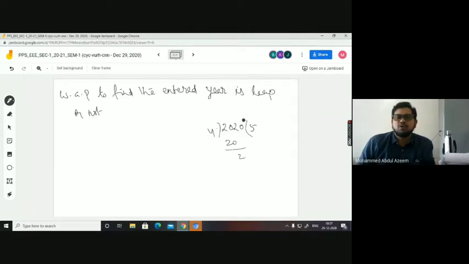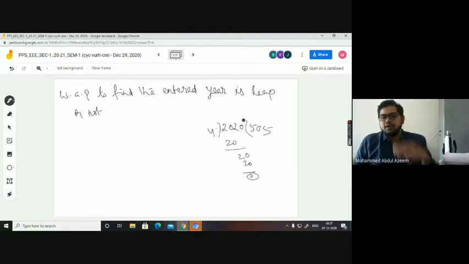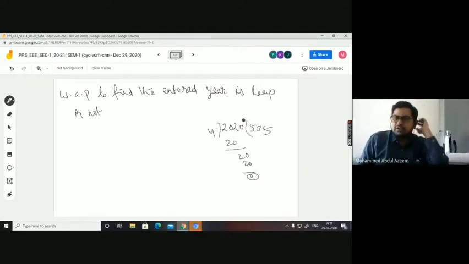When you are taking 2 digits here, you have to insert a 0 in quotient. 4 5s are 20. So if the year is divisible by 4, then you say it is leap. Otherwise, it is not a leap year.